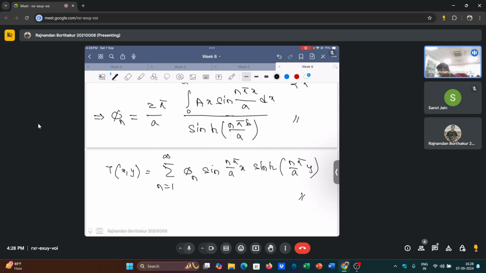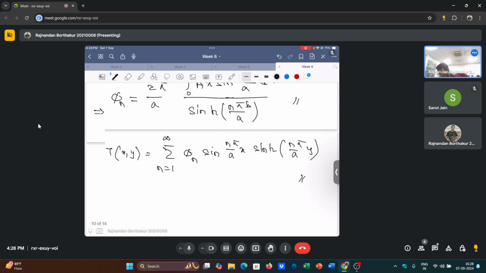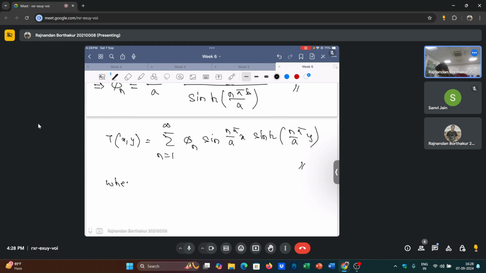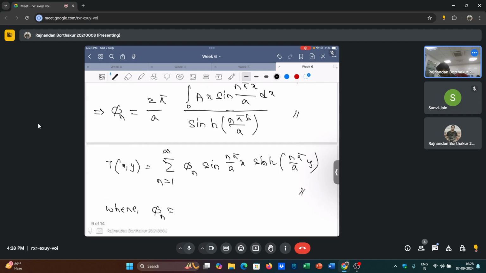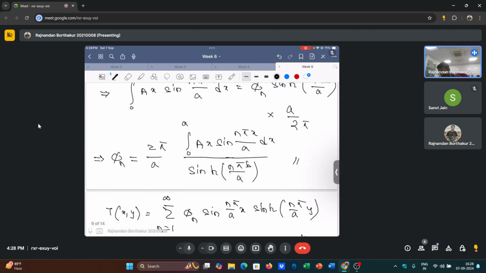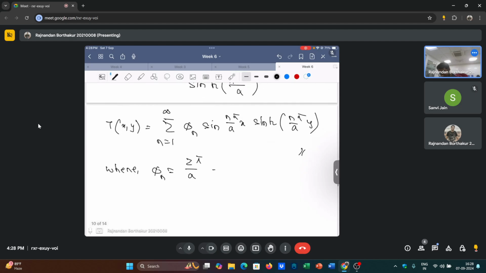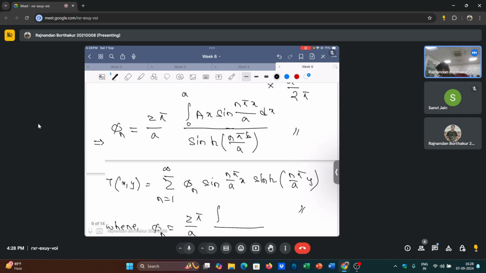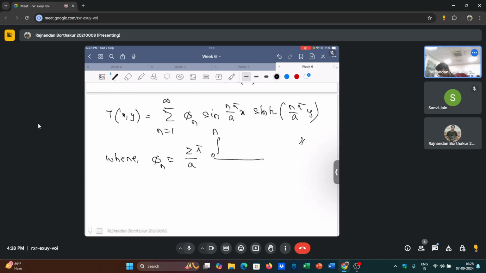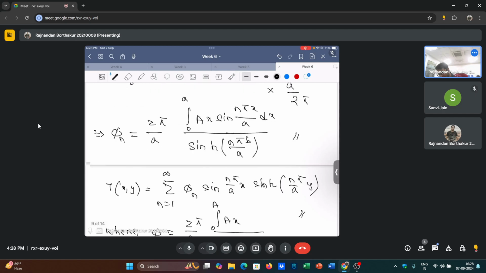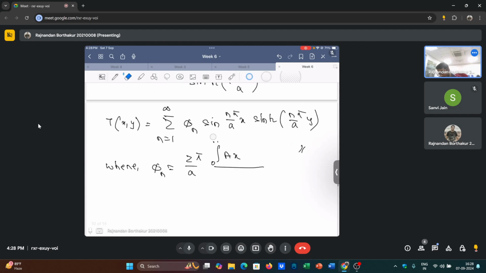Let me just write it, where your phi n is basically equal to 2 pi by a, which is basically this. It's 2 pi by a, and this is your integral 0 to a ax. Okay, this is small a, so for the confusion, it's small a.